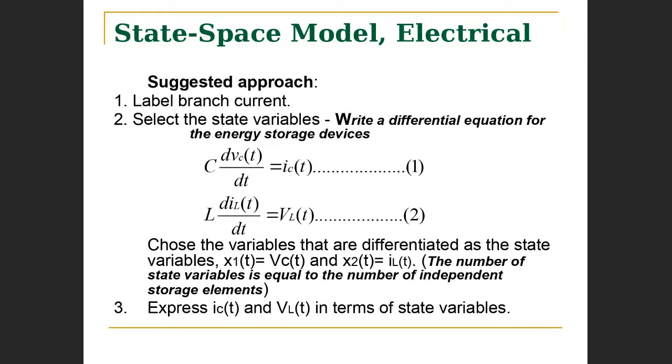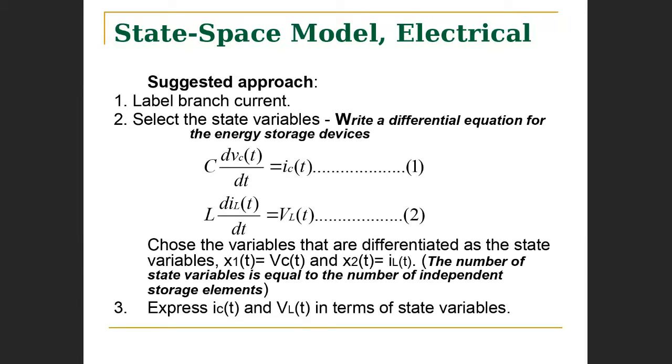Hence I'm selecting x1 to be vC and x2 to be iL. Now, it needs to be noted that the number of state variables is equal to the number of independent energy storage devices. So the question could be asked, how do we know that we are going to have two state variables in this example? A simple answer is based on the number of independent energy storage devices. All right, we'll discuss that a little bit more as we continue in other examples.